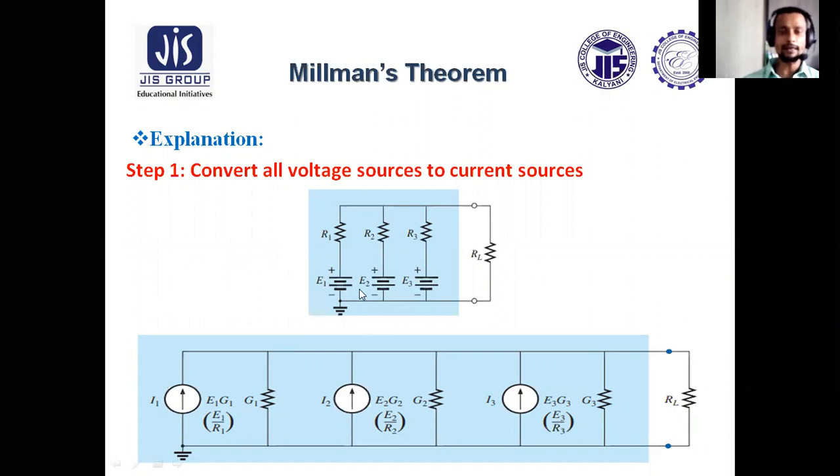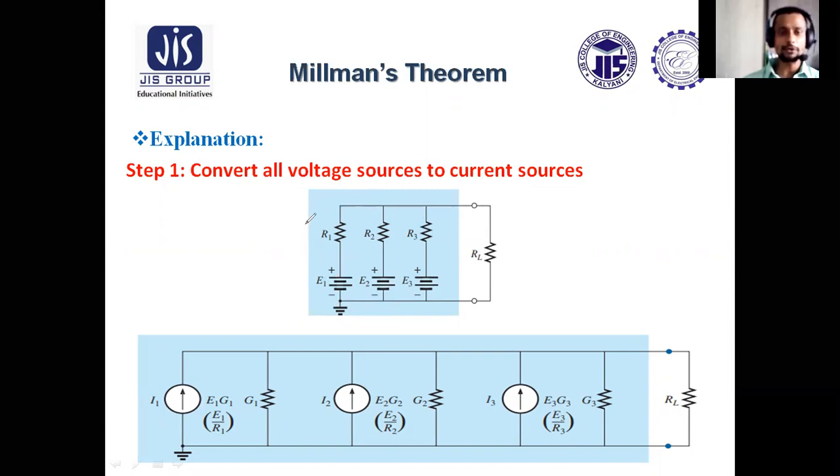So E1, E2, E3, all these are connected in parallel with their internal impedances. This E1 R1 combination is in parallel with the E2 R2 combination. E1 R1 together is a voltage source, connected in parallel with another likewise. So how to calculate the equivalent voltage of the entire network?